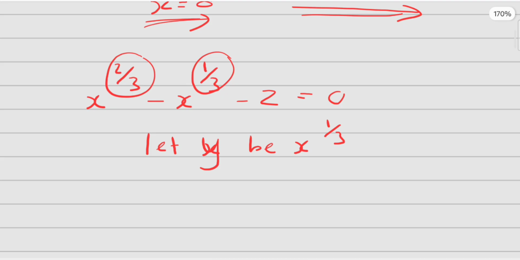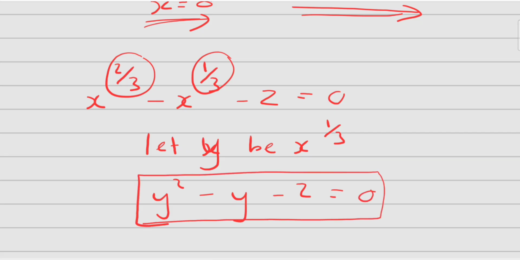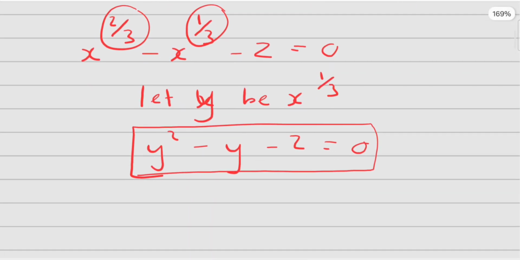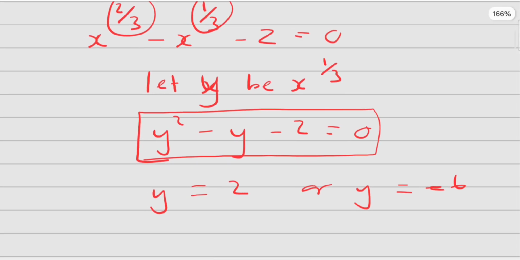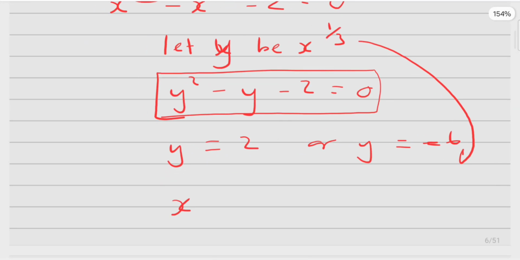Then you say your y squared minus y minus 2 equals 0. Then you solve this equation, right? Let's say you get your y to be 2 or y equals minus 6, for example, right? You then refer back to this and say it's my x to the third that is equal to 2, or my x to the third that is equal to minus 6.